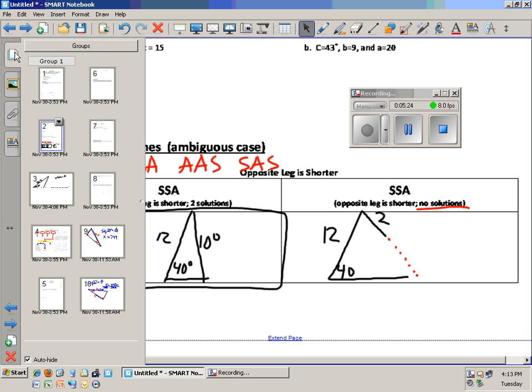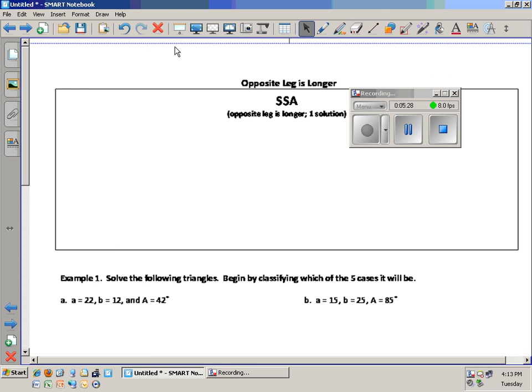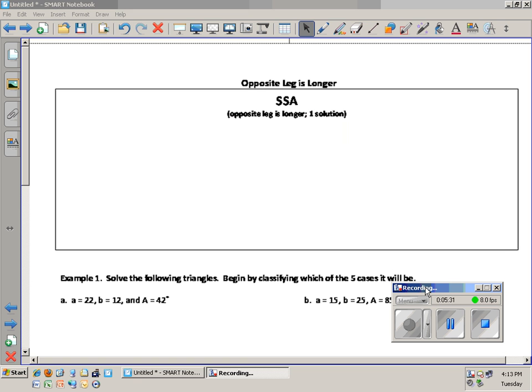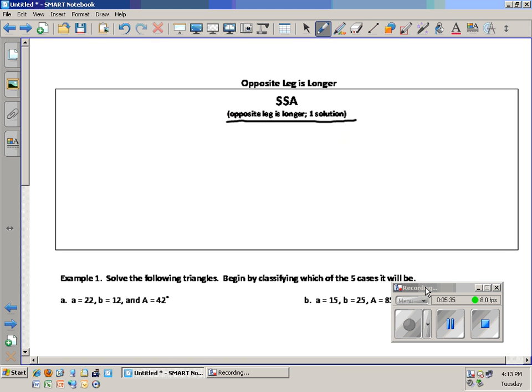If you flip over, there's one that works out better for everybody else. This one says the opposite leg is longer. So we'll try that. Let's say that, again, you've got 40 degrees, you've got 12, and then let's say that this side is 16.